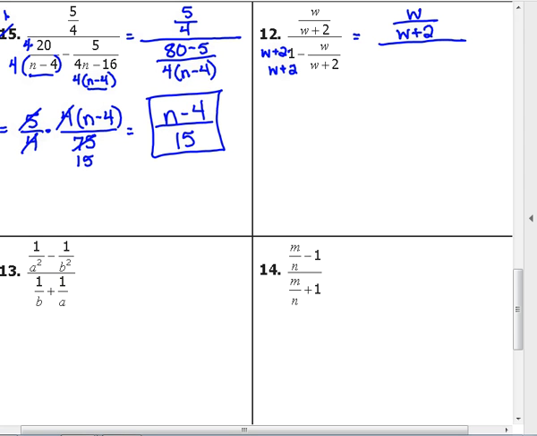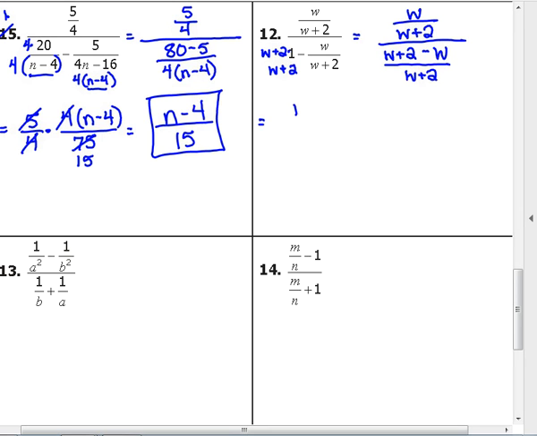So we need to multiply top and bottom by w plus 2. So that means we've got w plus 2 times 1. Multiplying by 1 doesn't do anything. So it's just w plus 2 minus w when we combine those numerators. Okay. If you need to write out that intermediate step where they both have the same denominator, that's fine. I'm just kind of skipping that right now since that's not really our focus.